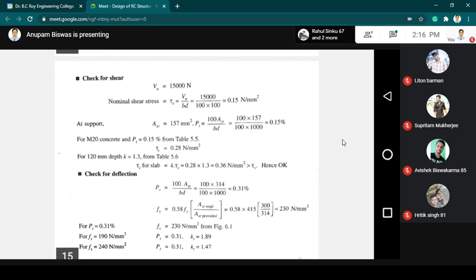And for 120 mm depth, that is for K 1.3, value of tau C for slab we have to calculate, that is K tau C is equal to 0.28 into 1.3, so 0.36 Newton per mm square. So from here we can say, since it is more than tau V, so it is okay.